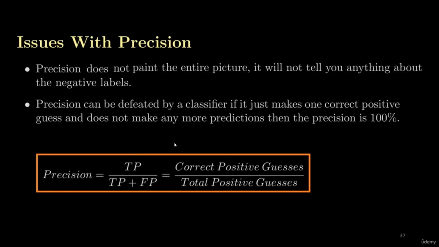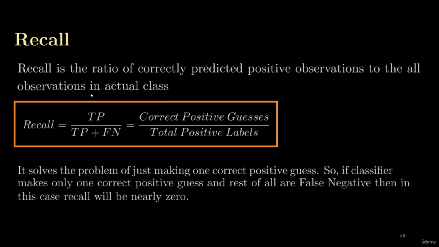So there is also an issue with the precision because it is not telling anything about the negative label, especially the false negative. So this issue is solved by another metric known as recall. Now look at recall. Recall is the ratio of correctly predicted positive observations to all observations in the actual class. So basically, there is one element different in recall as compared to precision.